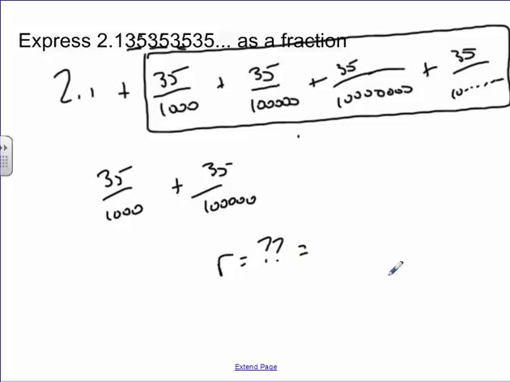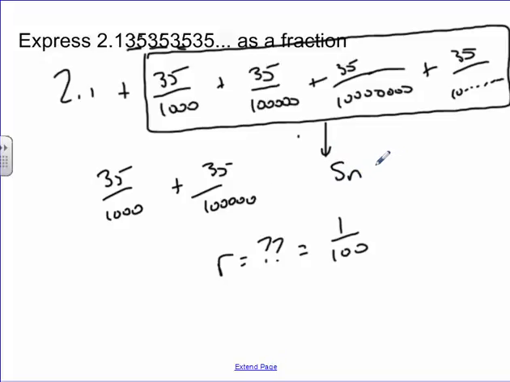I don't do a lot of wait time on videos, but maybe pause the video here just to think, what is the pattern about this part right here? What are we doing? And the answer is 1/100. You're dividing by 100 every time, or in a way, you're making the bottom of your fraction have 2 more zeros. So I can actually figure out this part right here.